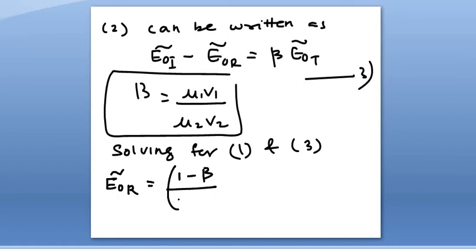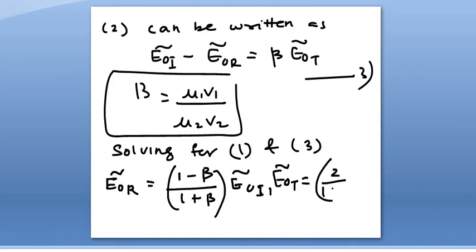So E0R is equal to 1 minus beta by 1 plus beta times E0I, and E0T is equal to 2 by 1 plus beta times E0I. These are the expressions which we are getting.